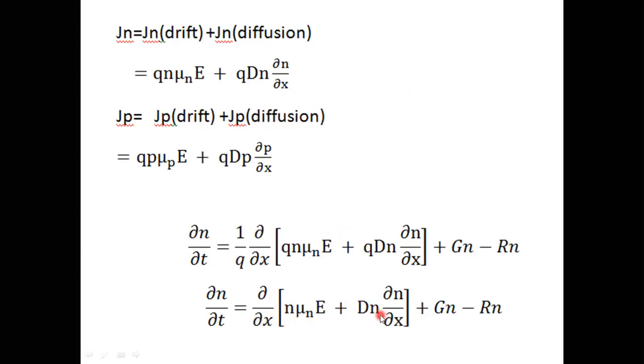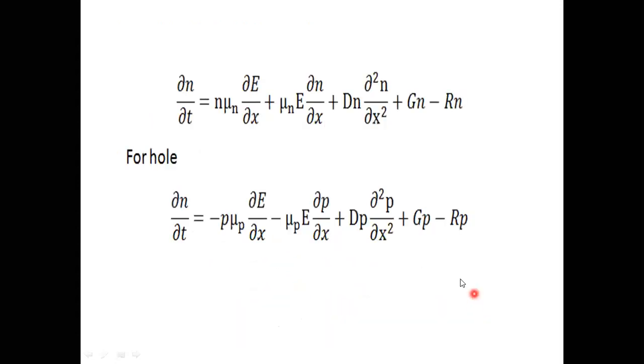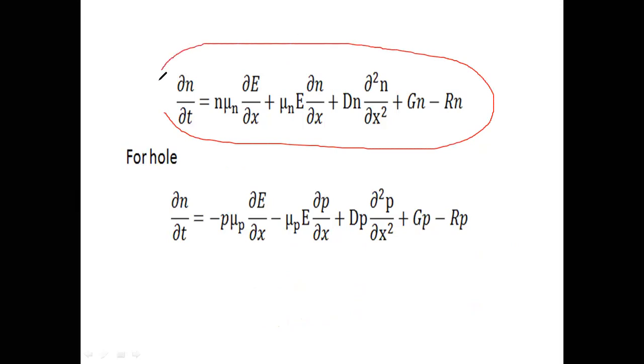Plus Dn dou by dou x of dou n by dou x, means Dn into dou square n by dou x square. Okay, I'm multiplying this, right? So using the uv formula here and multiplying here, I will get this. Okay, so this is the continuity equation for electrons.